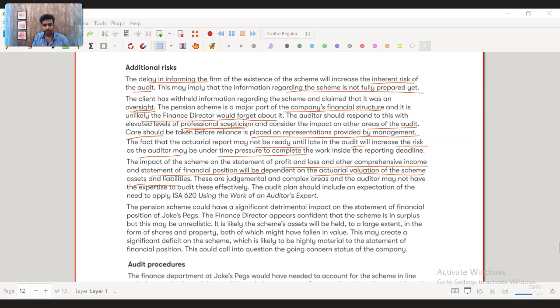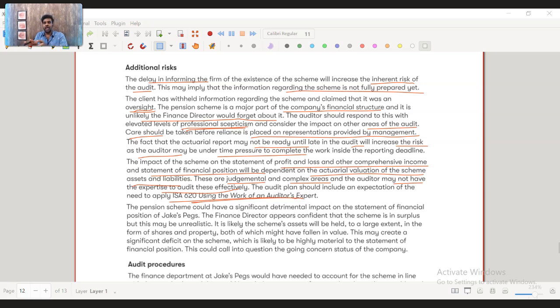So it has a P&L impact, it has an OCI impact, it might have a financial position impact as well, on assets as well as liabilities. And all those amounts depend upon the actuarial report or the actuarial valuation. And this actuarial valuation is in fact a judgmental and complex area, which means he may not have the expertise to audit it, and for that he has to appoint an expert.